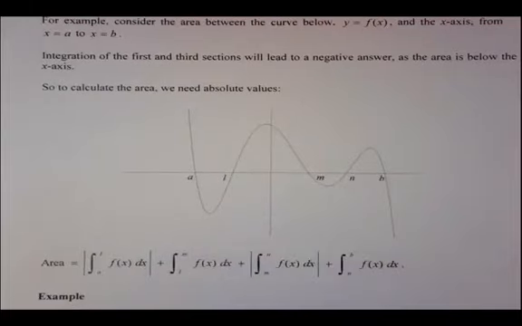So if you do it in one go, your answer will be wrong because the negative bits will cancel out some of the positive bits and you won't actually get the area.